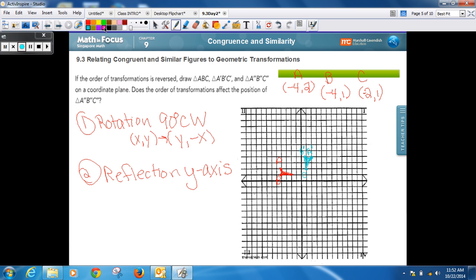Okay, I'm going to switch then to pink to do the reflection over the y-axis. Here's my y-axis. I'm reflecting that over. So we have B primed, A primed, C primed. It asked us if we reverse the order, do we end up with the same answer?